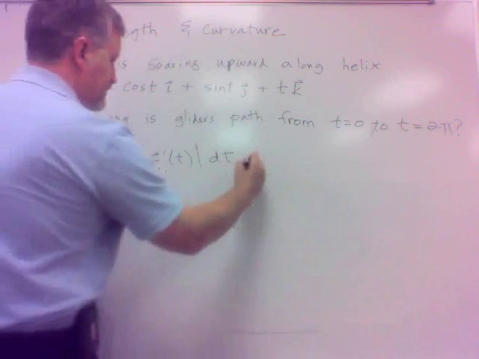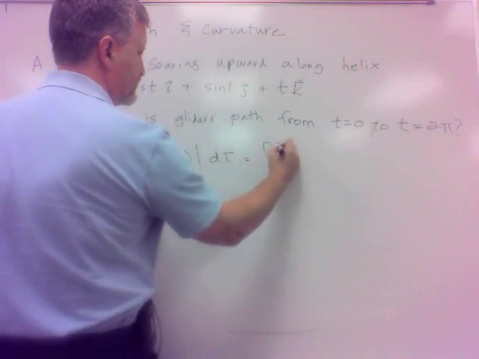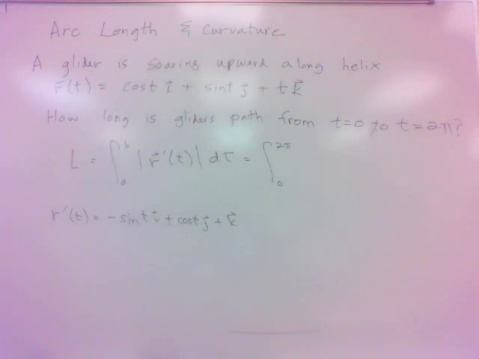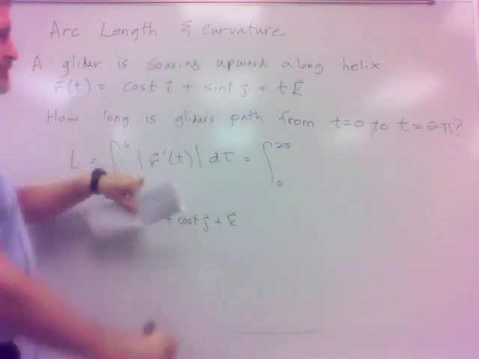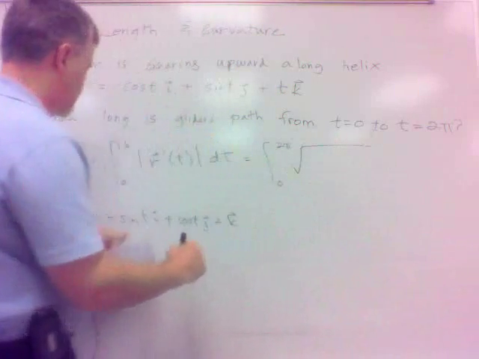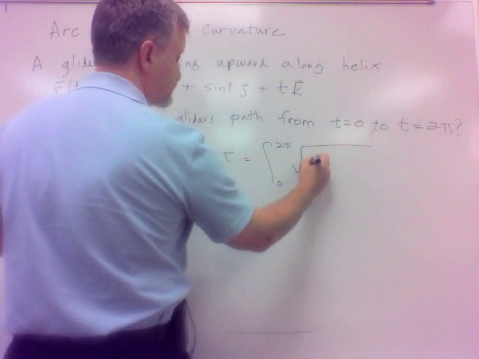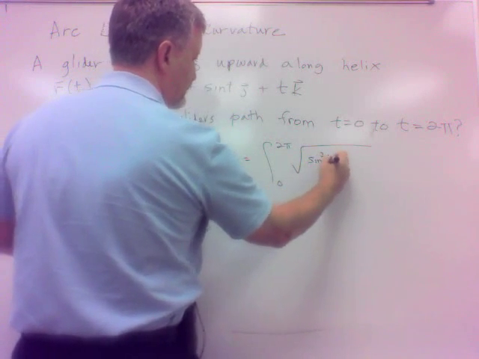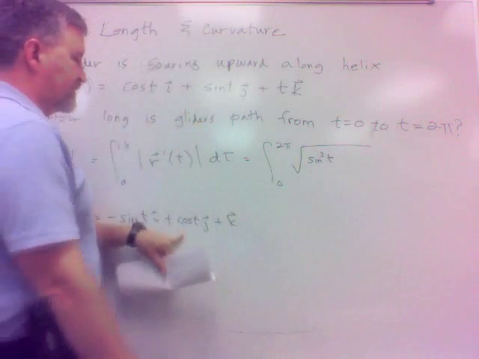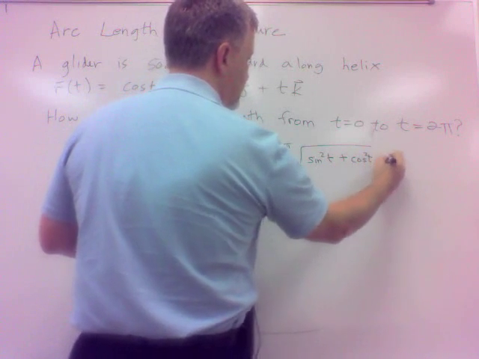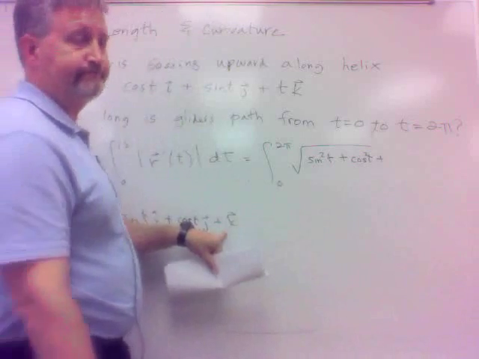Then the integral from 0 to 2 pi, that's our a and b, of the magnitude, which is the square root of negative sine squared, so just sine squared, plus cosine squared plus 1 squared.